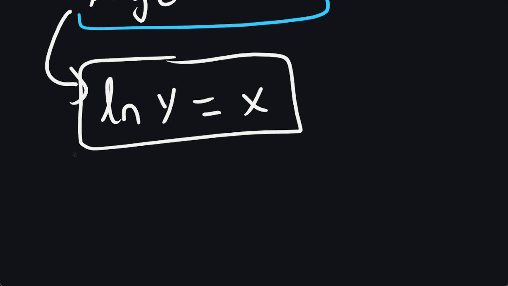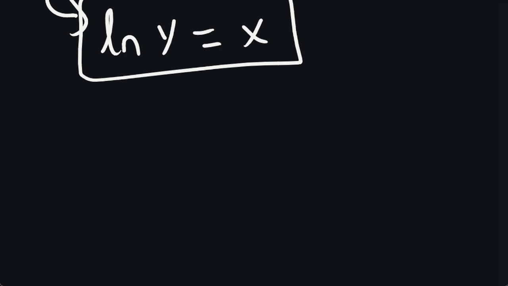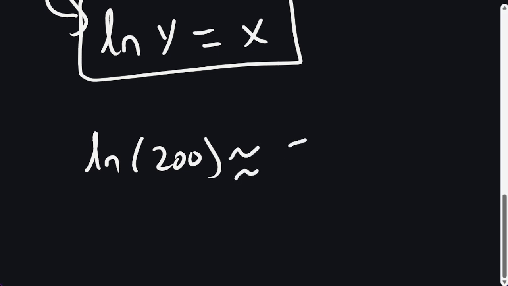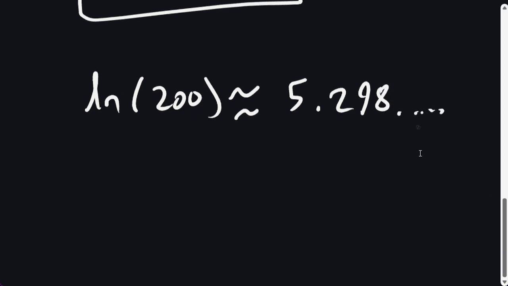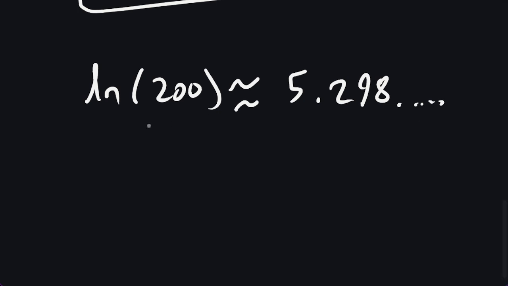If we go through a quick example, if you type in your calculator ln of 200, or even if you don't have a calculator, you could just type it in Google, which is what I'll do right now, ln of 200. It's around 5.298. So what does this mean? ln of 200 is about 5.298.